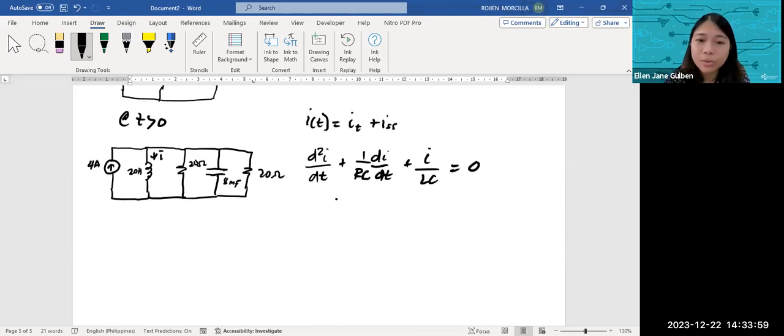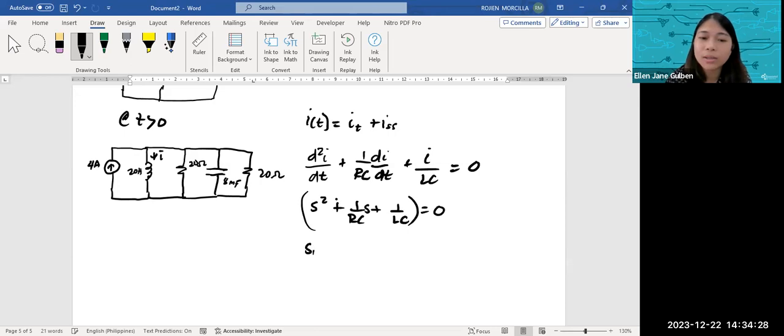So we're going to determine the characteristic equation. This is S squared plus 1 over RC S plus 1 over LC equal to 0.